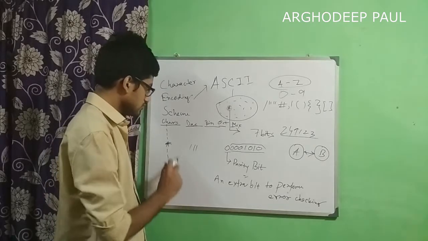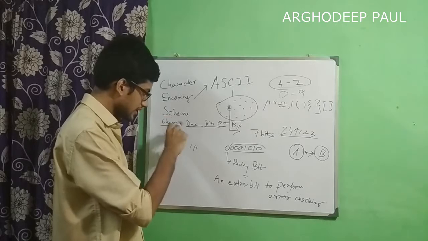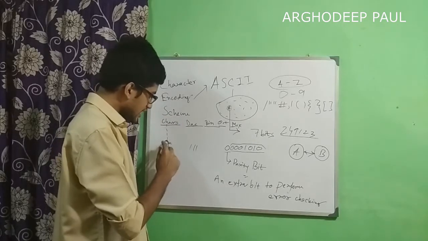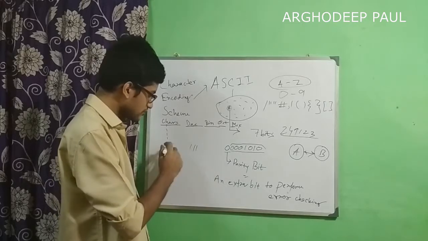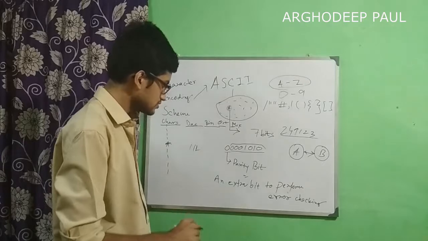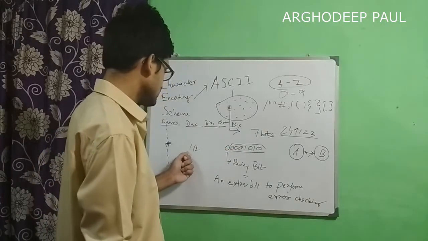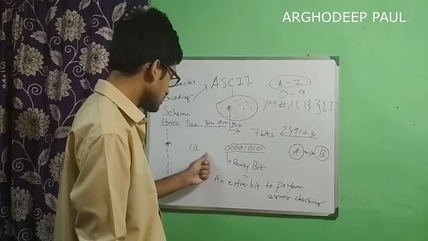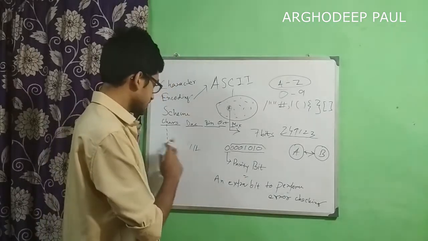In the total character set or character list, I have the hash special character, and the corresponding decimal value for this character is 111 or 112 or anything else.